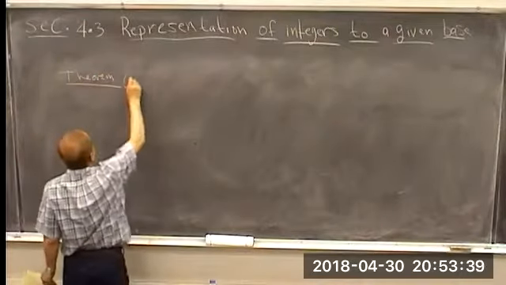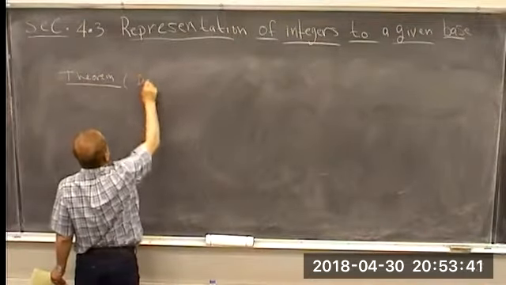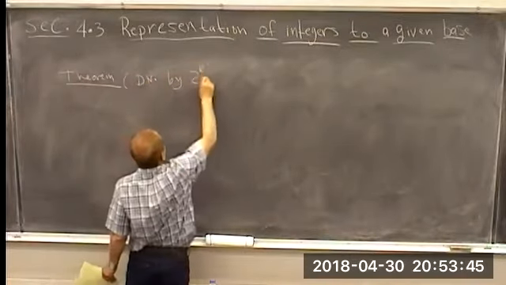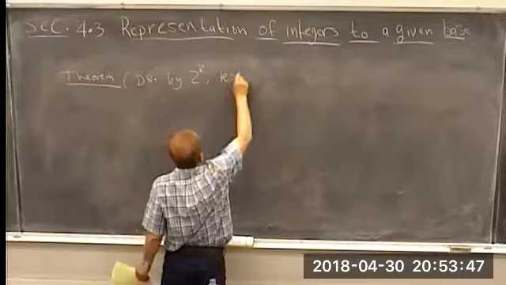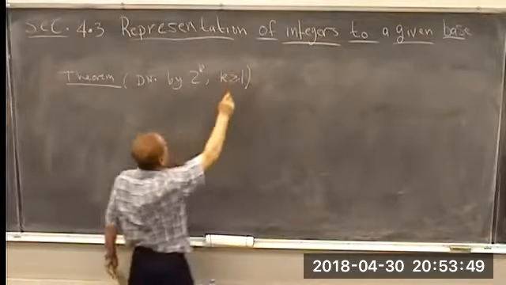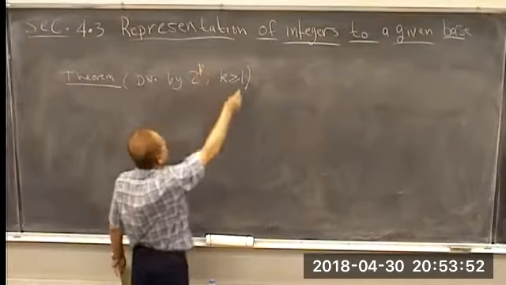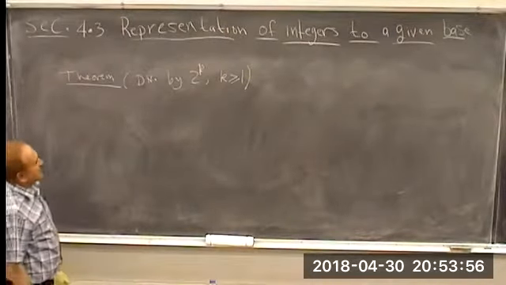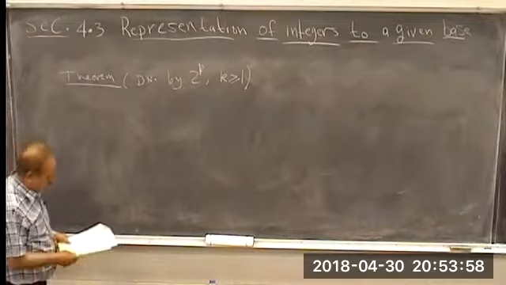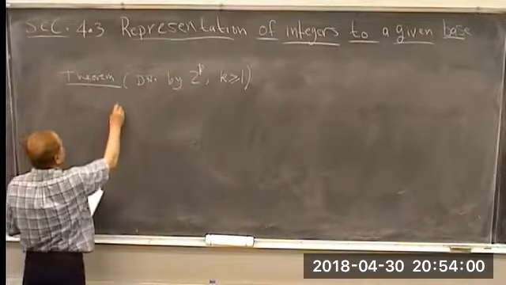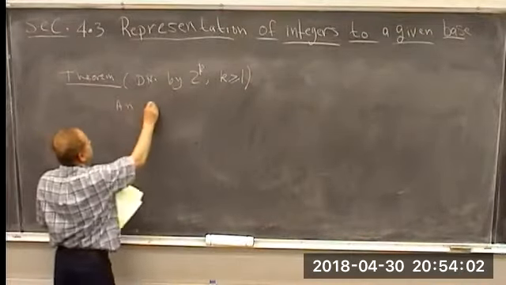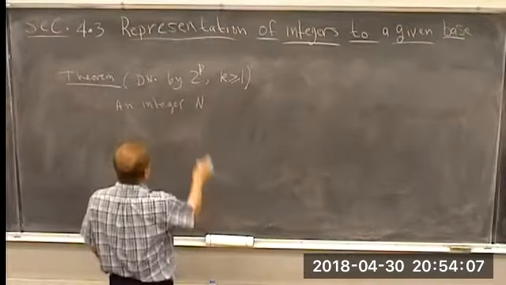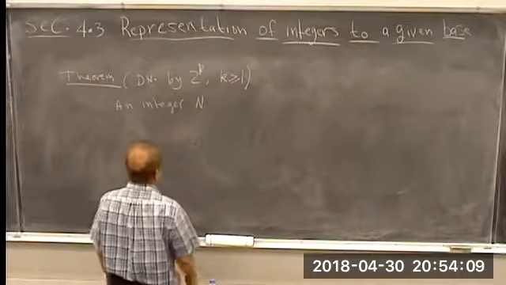So this is a divisibility test, divisibility by 2 to the k for k bigger than or equal to 1. So it covers all possibilities: 2 if k is equal to 1, 4 if k is 2, and with k equal to 3, this is 8, and so on. All right? So it says that for an integer n, of course, everything here, the n is in decimal.